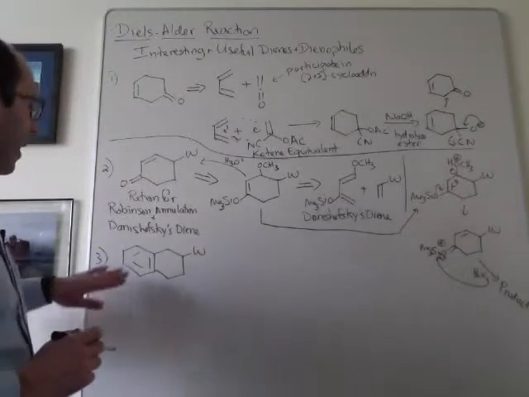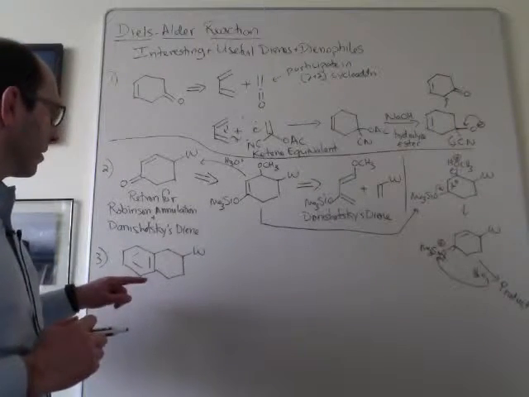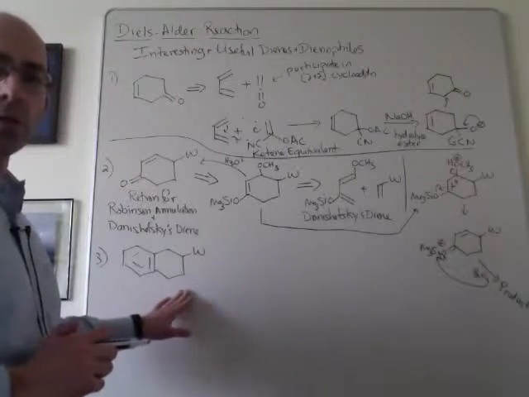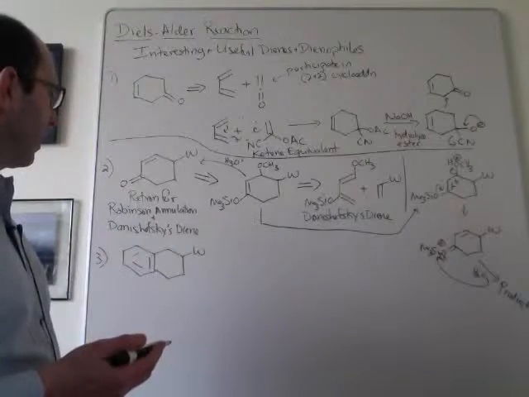And the final one to look at is if we want to make something that looks like this, where it's a tetrahydronaphthalene structure, so a benzene ring attached to a 6-membered ring. And the question is, how do you end up making this?